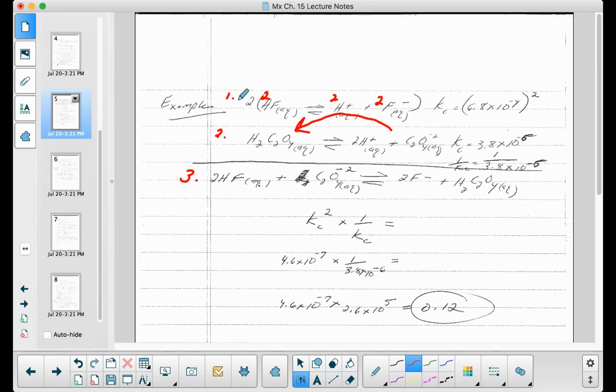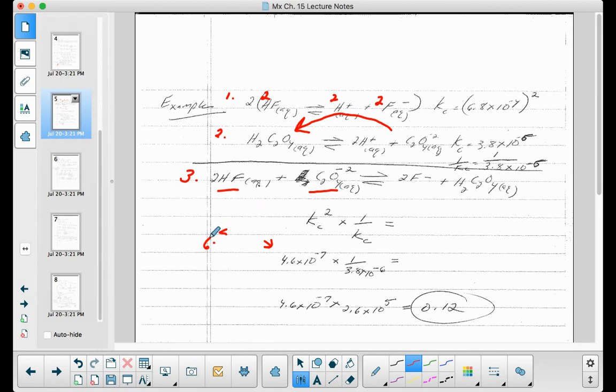And those two equations would add up to 2HF plus C2O4 to the negative second power, 2F negative, and then the H2C2O4, which I got from flipping that one around. So then what I have is that the value Kc squared times 1 over Kc would give me my answer.